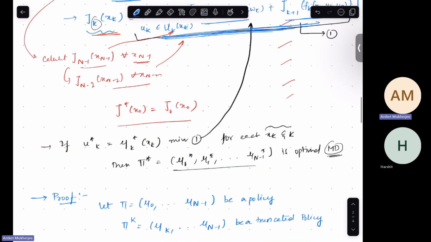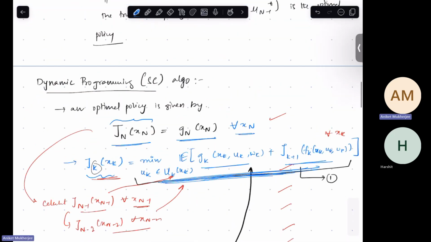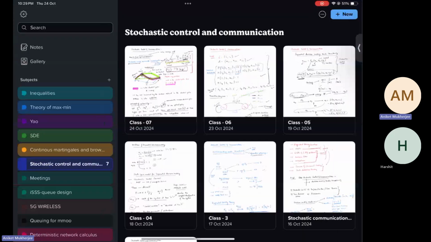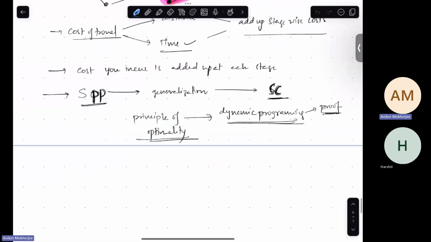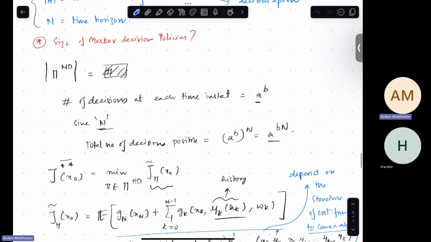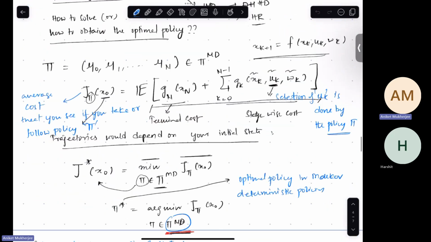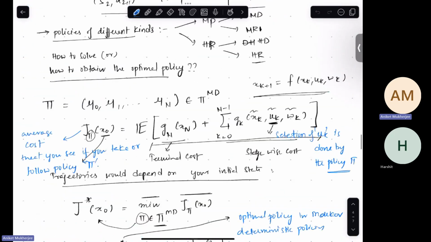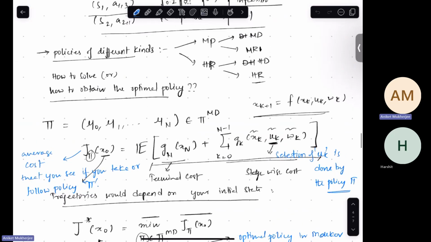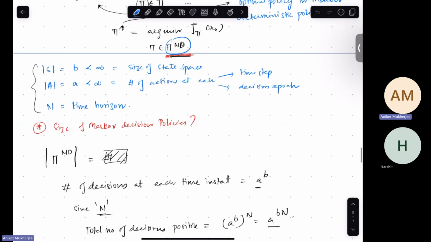In the last class, I also told you something about the complexity of solving a stochastic problem. The complexity is pretty large.